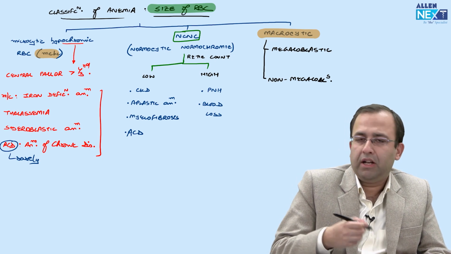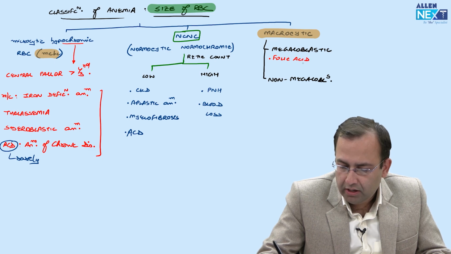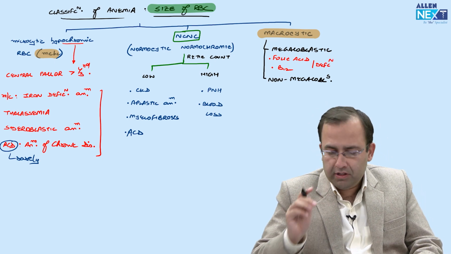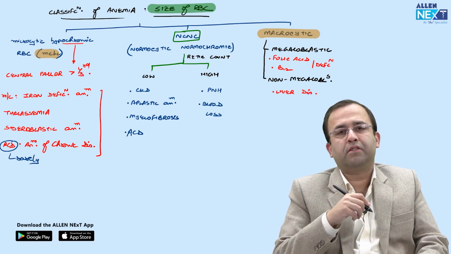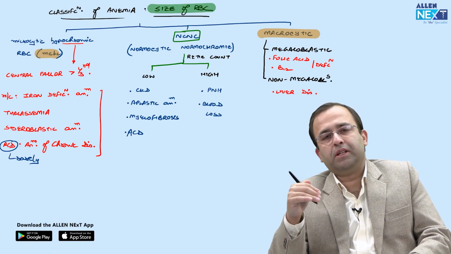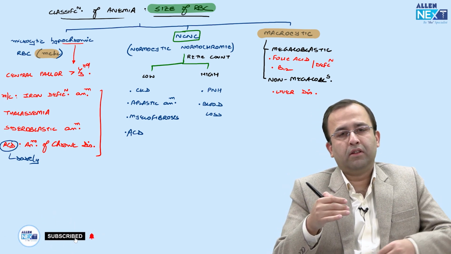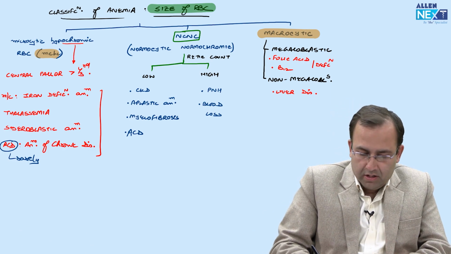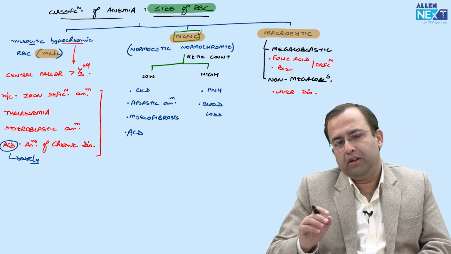You very well know that megaloblastic anemia is associated with folic acid and vitamin B12 deficiency, versus non-megaloblastic anemia, which is associated with liver diseases. So this is the classification of anemia on the basis of size: microcytic hypochromic, normocytic normochromic, and macrocytic.